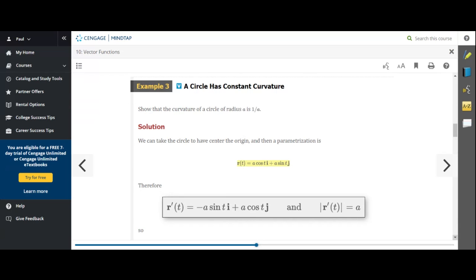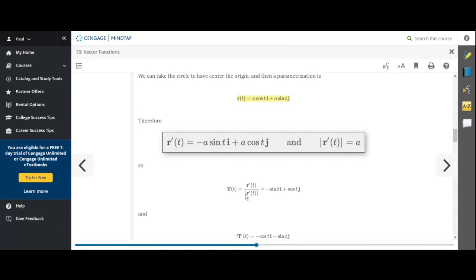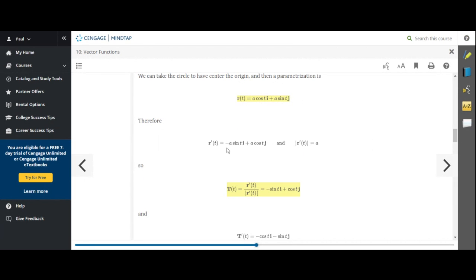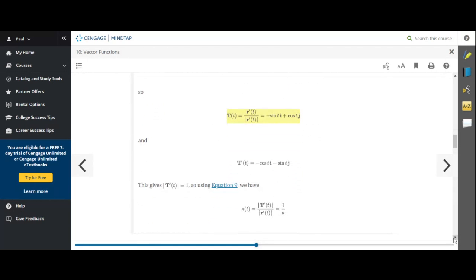The length of that derivative is going to be equal to a, so the tangent vector would be r prime of t divided by a, and the derivative of the tangent vector would be this. It's just computation. The curvature is the length of the derivative of the tangent vector divided by the length of r prime of t, and that's going to equal 1 over a.